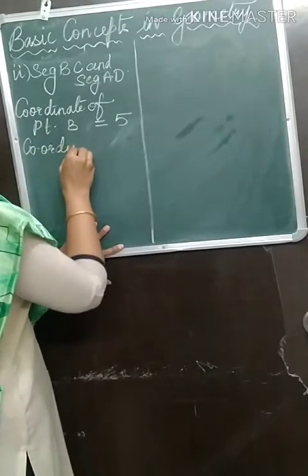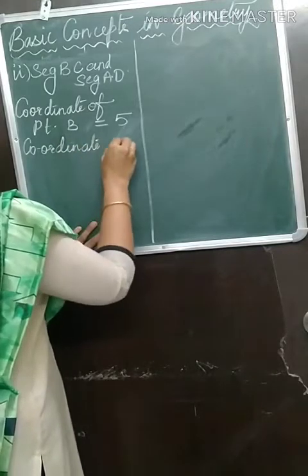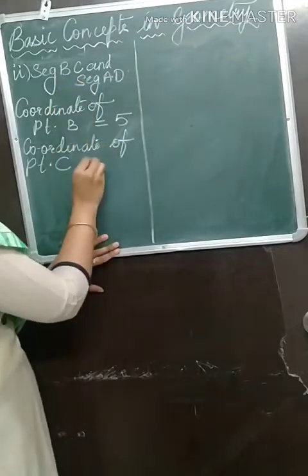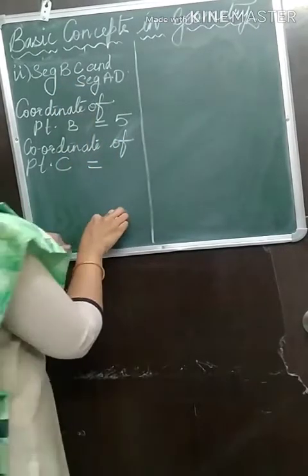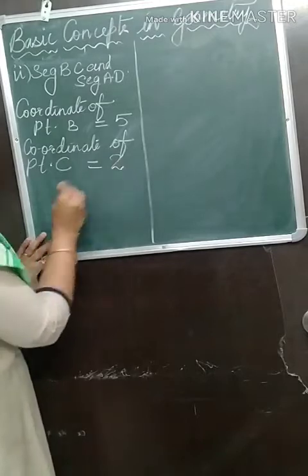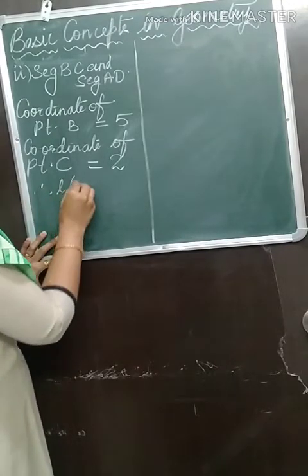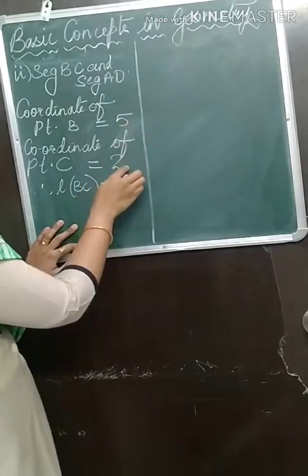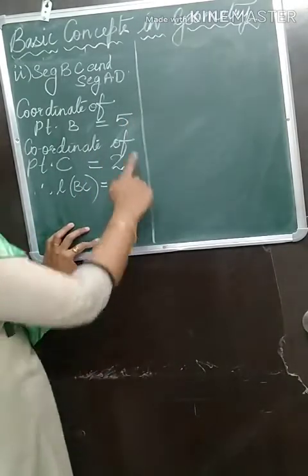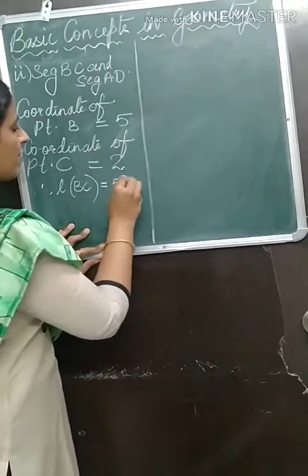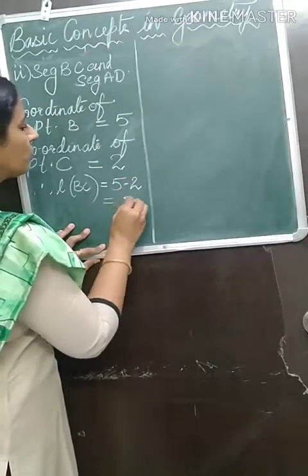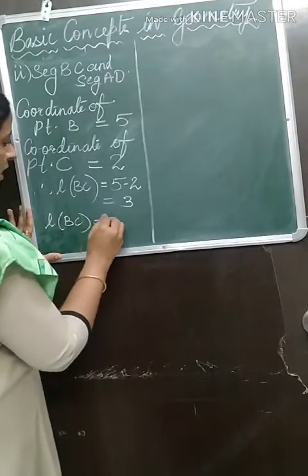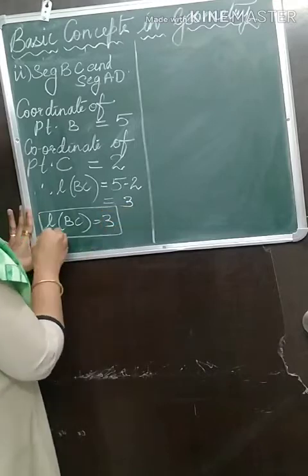Coordinate of point C is 2. Therefore, length of segment BC is equal to 5 and 2. Which is bigger number? Obviously 5. 5 minus 2, which is equal to 3. So we got length of BC as 3. Put it in a box.